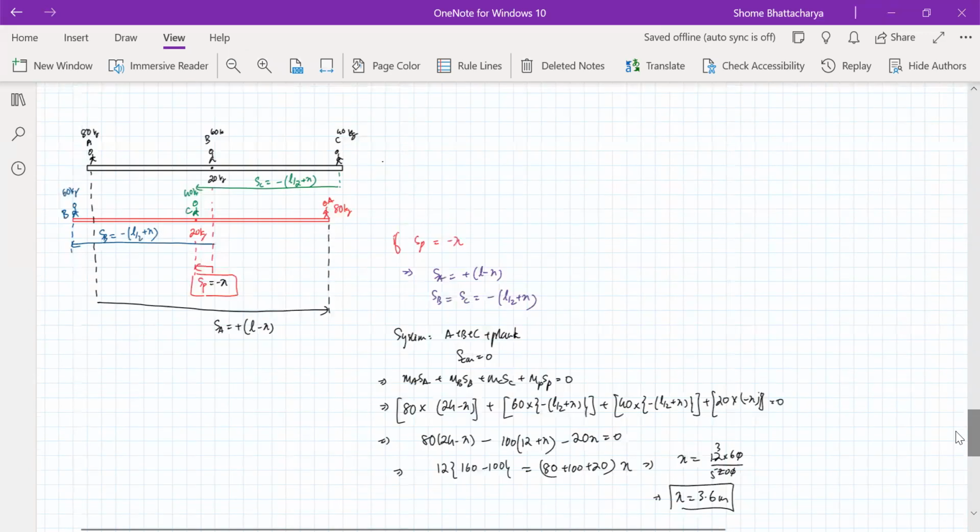Yes, sir. This equation is the same. Okay, I'm just going through the numerical solution once more.